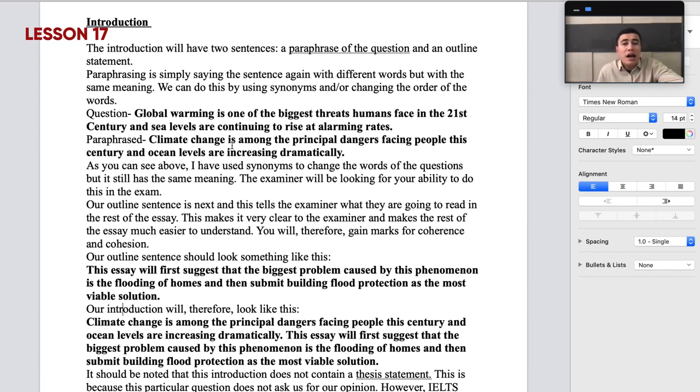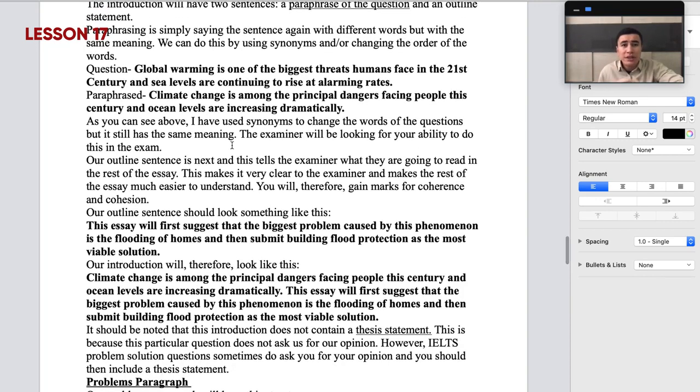As you can see, I've used synonyms to change the words of the question, but it still has the same meaning. So you should remember, the examiner will be looking for your ability to do this in the exam. Okay, our outline sentence is going to be next, and this is going to tell the examiner what they are going to read in the rest of the essay.